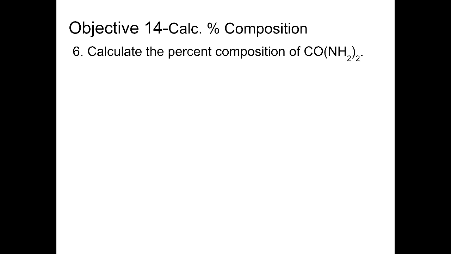There we go. Carbon's molar mass is 12.0. Oxygen's molar mass is 16.0. Nitrogen's molar mass is 14.0, but this 2 is going to get distributed because there are 2 NH2s, which means that we have 2 nitrogens.